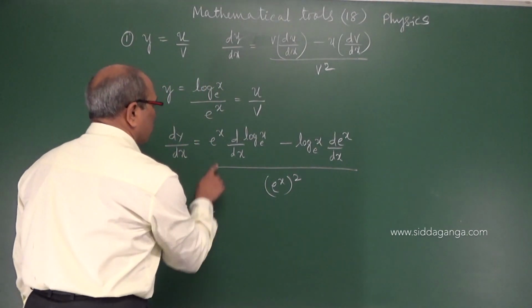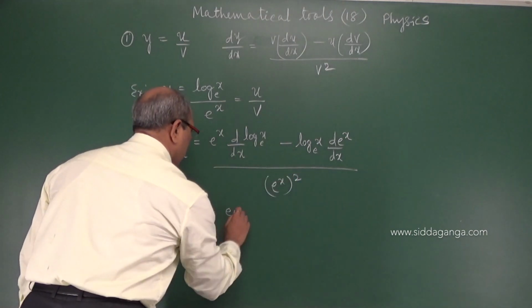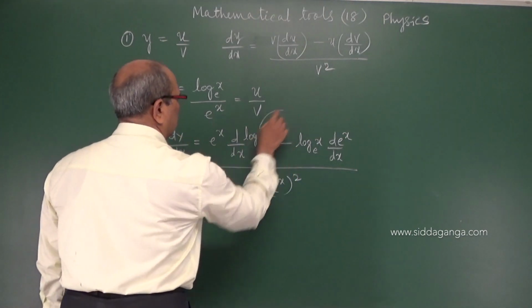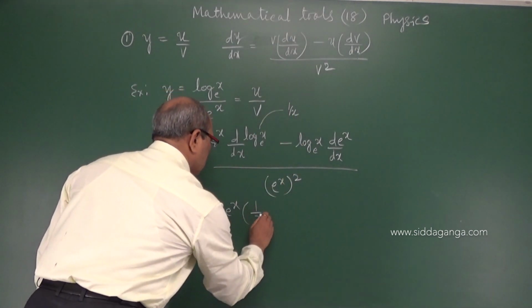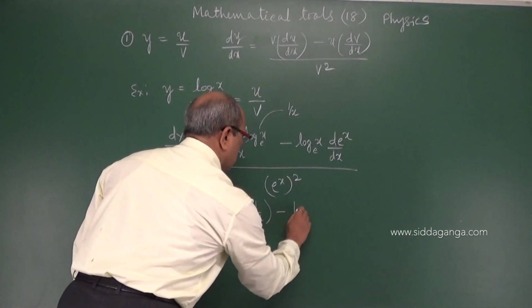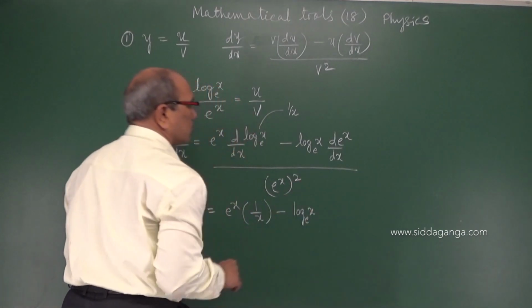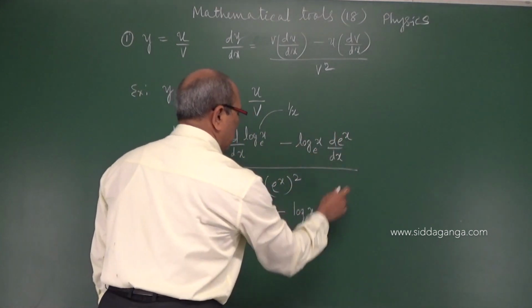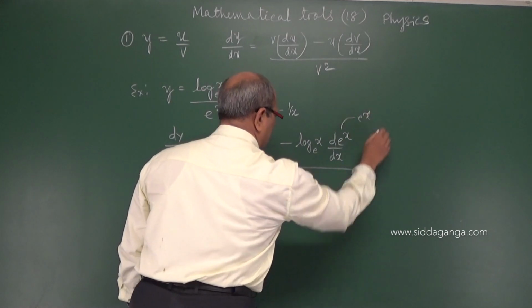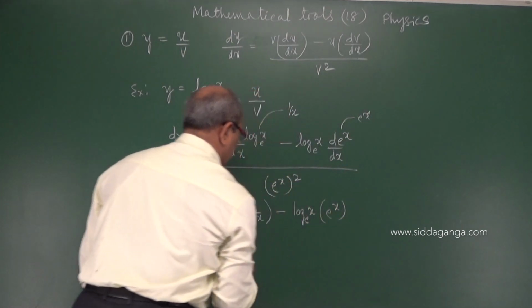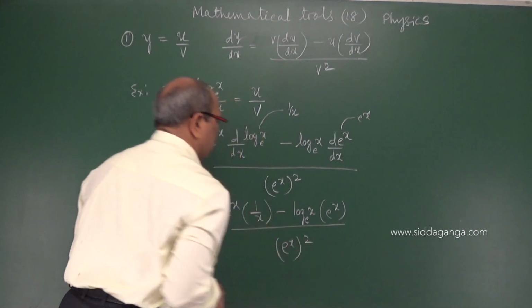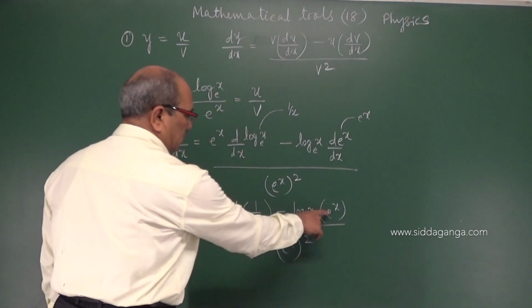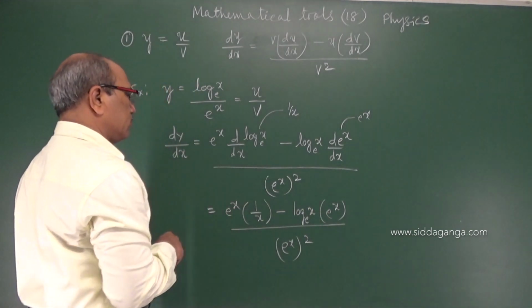So now e power x, and you know the differentiation of log x is 1 by x, into 1 by x, minus ln x. The derivative of e power x is e power x itself, no variation at all, divided by e power x whole square. Here e power x I can take out.